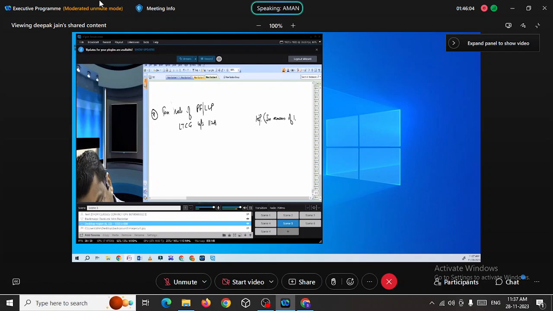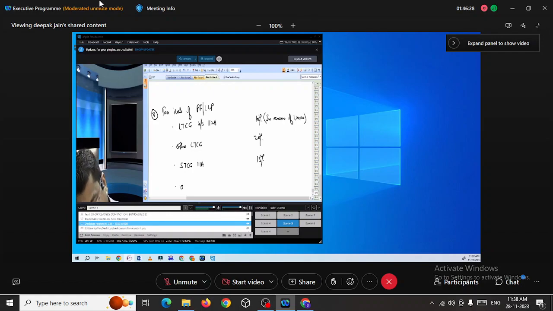Other LTCG is taxable at 20%. STCG under 111A is 15%.